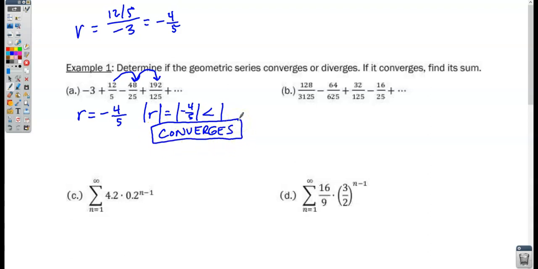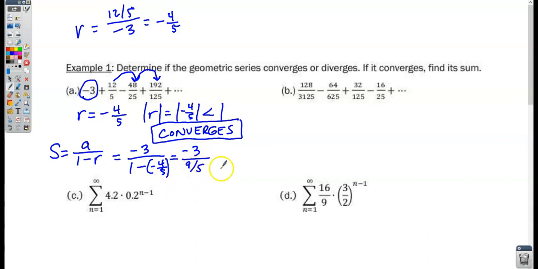And then the sum is equal to A over 1 minus R. A is the first term, so this is -3 over 1 minus -4/5. That turns into -3 divided by 9/5, which is -3 times 5/9, which is -15/9, or -5/3. And so that is the sum of this geometric series.